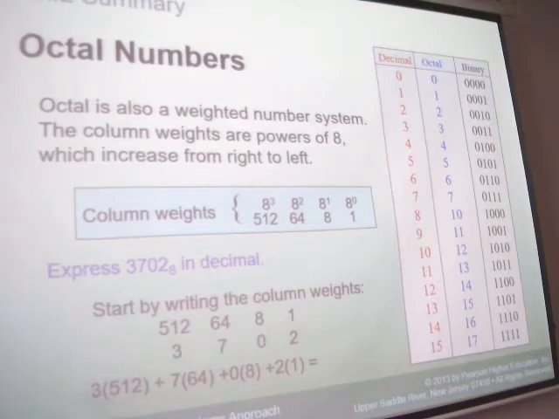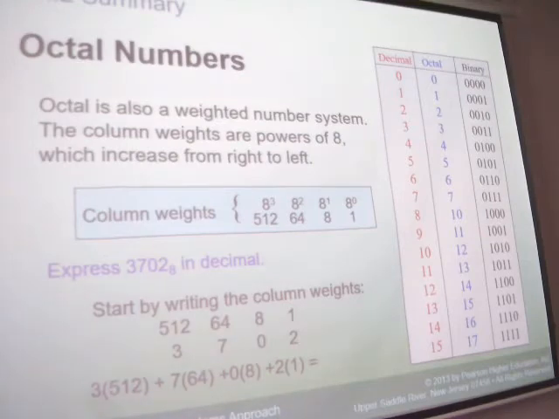Right? This number plus this number. So 6, 8, 9, 1.